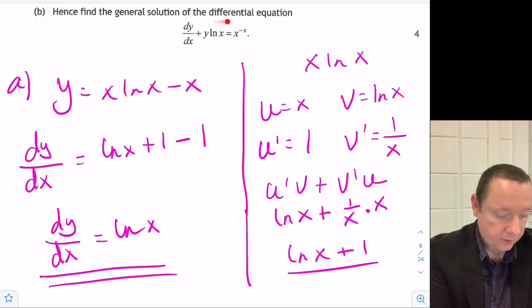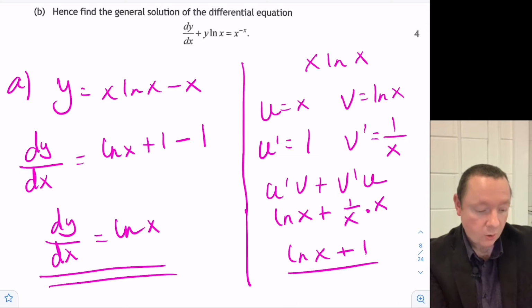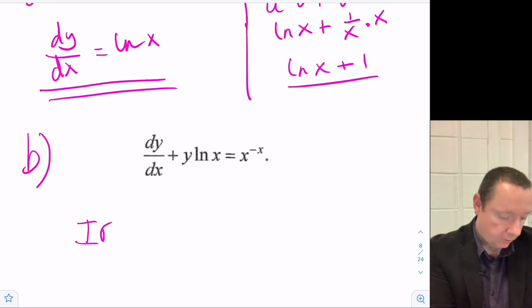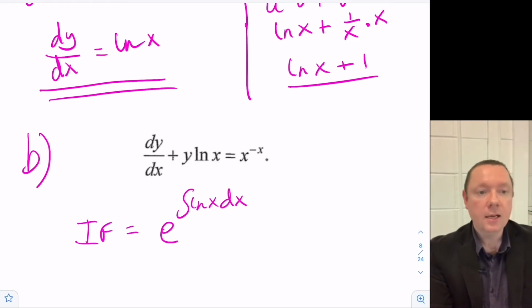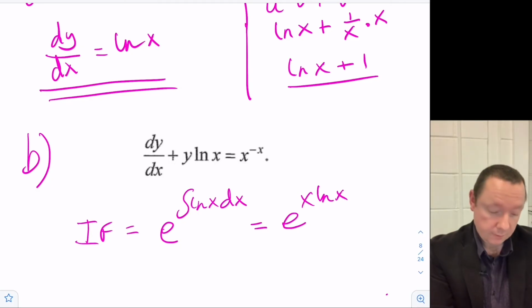Part B, hence find the general solution to this differential equation, dy by dx plus y log x equals x to the power of minus x. So our integrating factor from part 1 is simply going to be e to the power of the integral of log x dx. And we know then that is just going to be e to the x log x minus x.